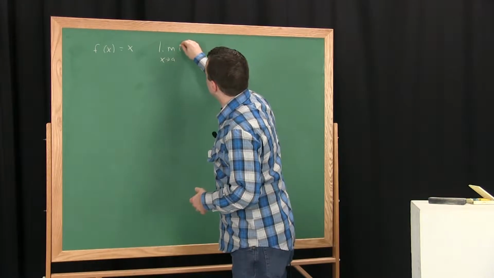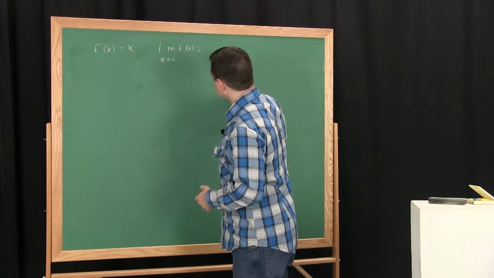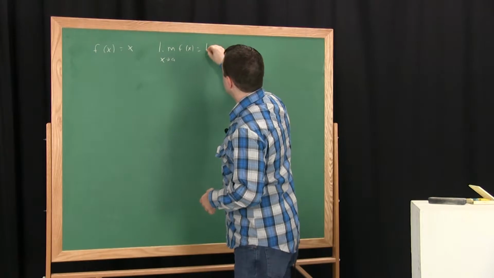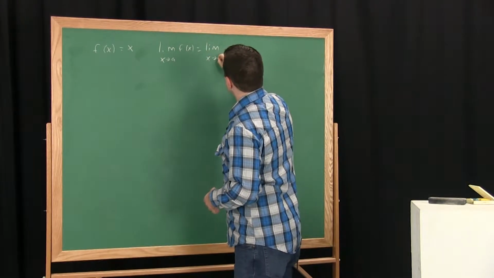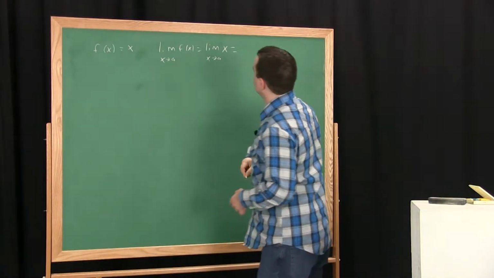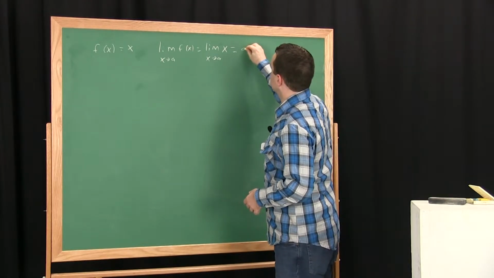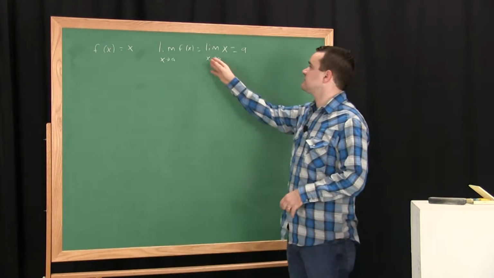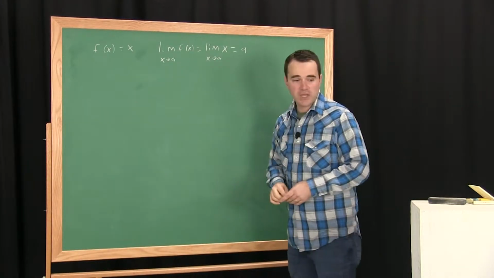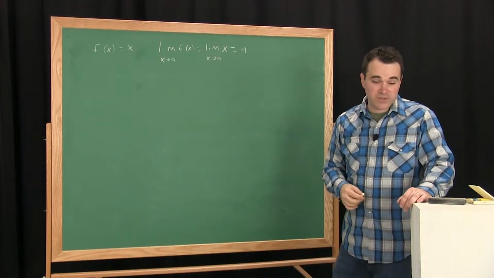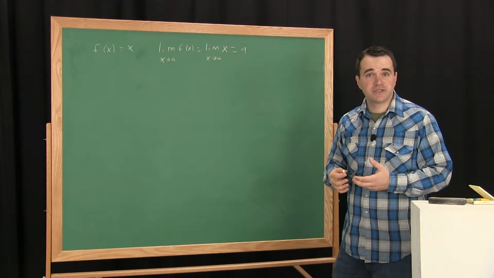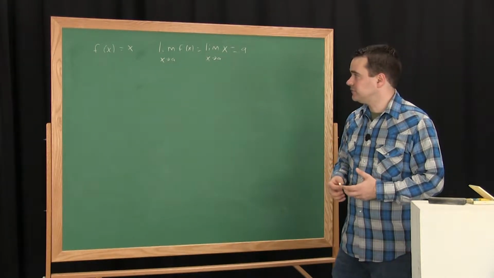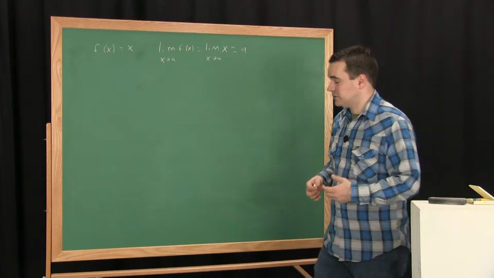The limit as x goes to a of f of x is the limit as x goes to a of x, which is just equal to a, because the y value is equal to the x value. As the x value goes to a, the y value goes to a as well. So we can leverage this using the limit laws to do lots of other things.